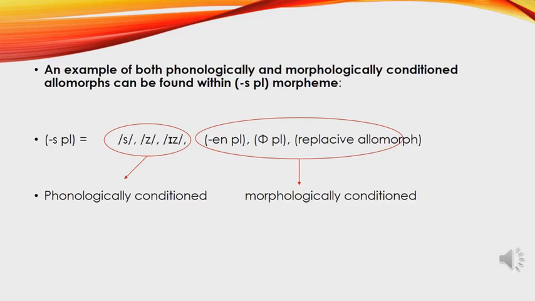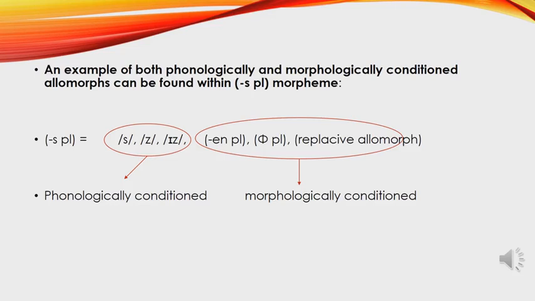An example of a morpheme that has both phonologically conditioned and morphologically conditioned allomorphs is the S plural morpheme. It has three allomorphs which are phonologically conditioned. They are se, ze, and is. The selection of each one of these allomorphs depends on the preceding sound. That is why they are phonologically conditioned.